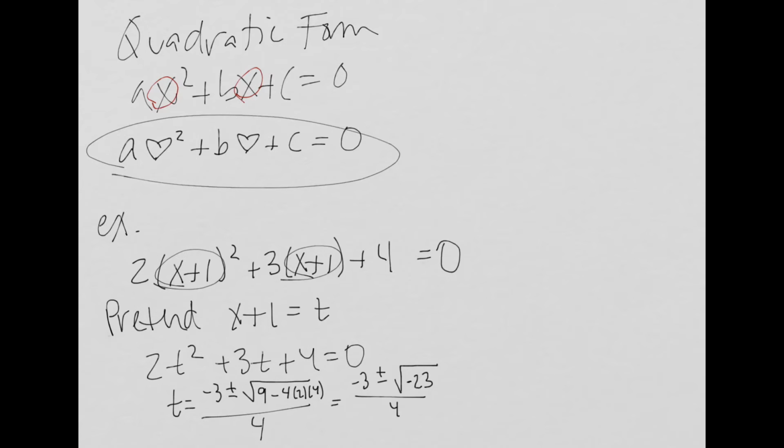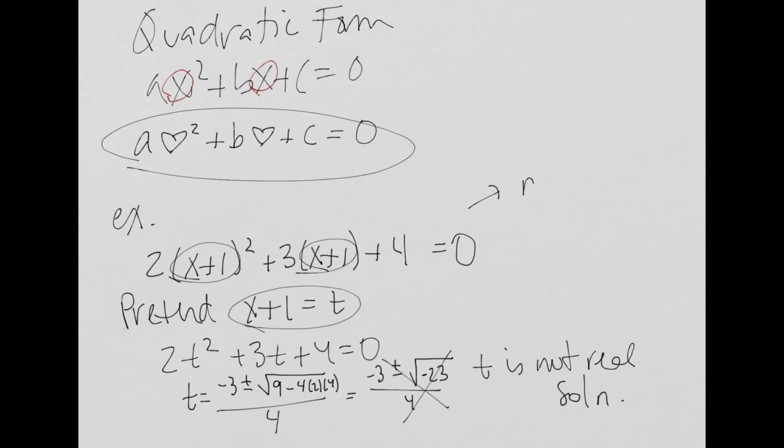Okay, so this is not a real solution, so t is not a real solution. But t wasn't in our original equation. We're talking about x's here. Well, remember, x plus 1 was t, so if t had no solution, then x has no solution. So we say this problem has no real solutions.